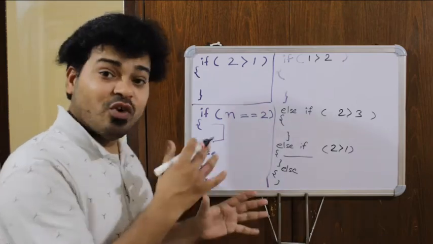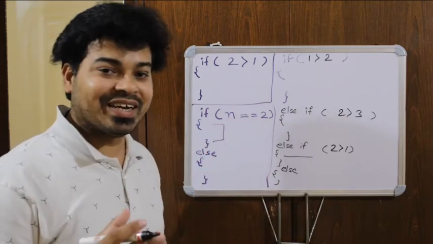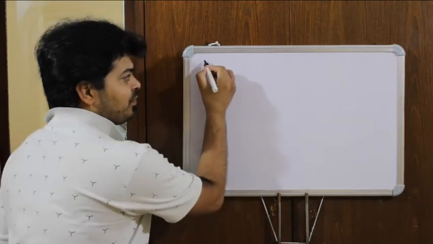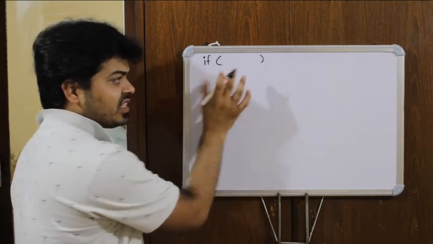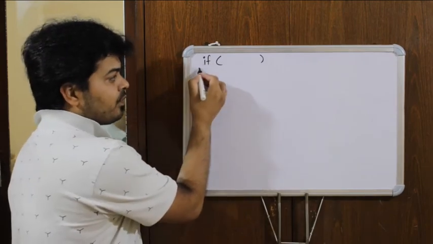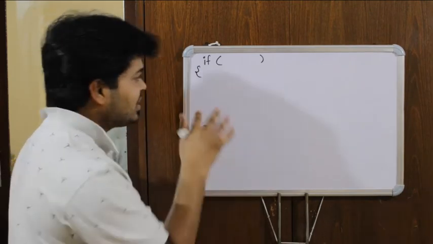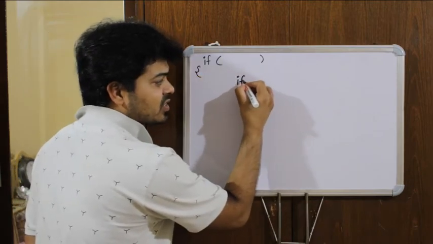Now let's go to the fourth way of explaining how you can write an if-else statement. The fourth way of writing if-else statement is something like you are giving a condition and you are telling that if this condition is true, then come inside an if-else block. That means if this condition is true, then come inside and check this condition.